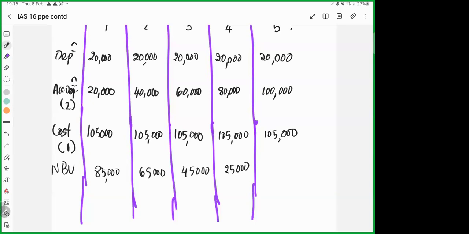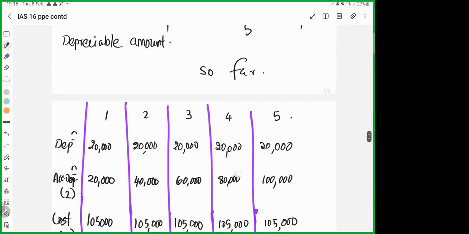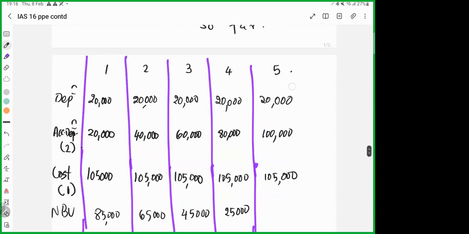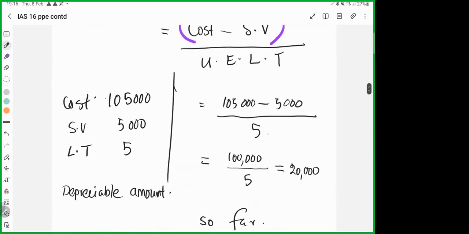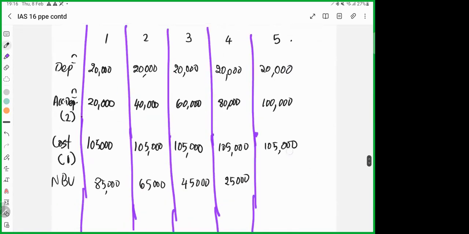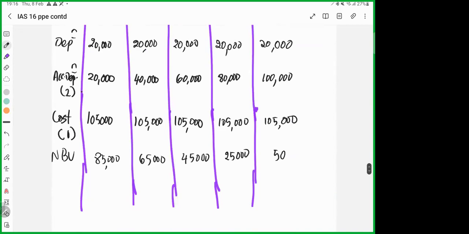And the last year, without calculating, what should be the answer? It can't be 0. It is 5,000. See, 105 minus 100 is 5,000.